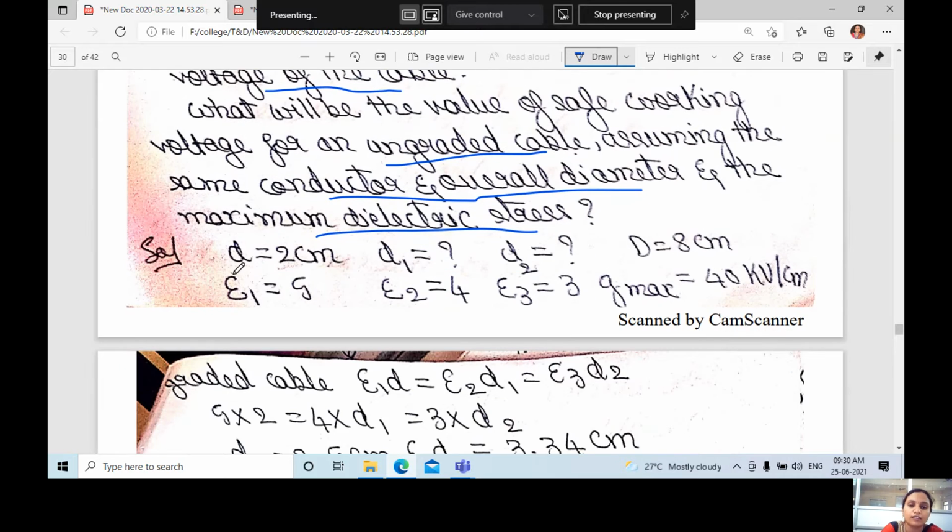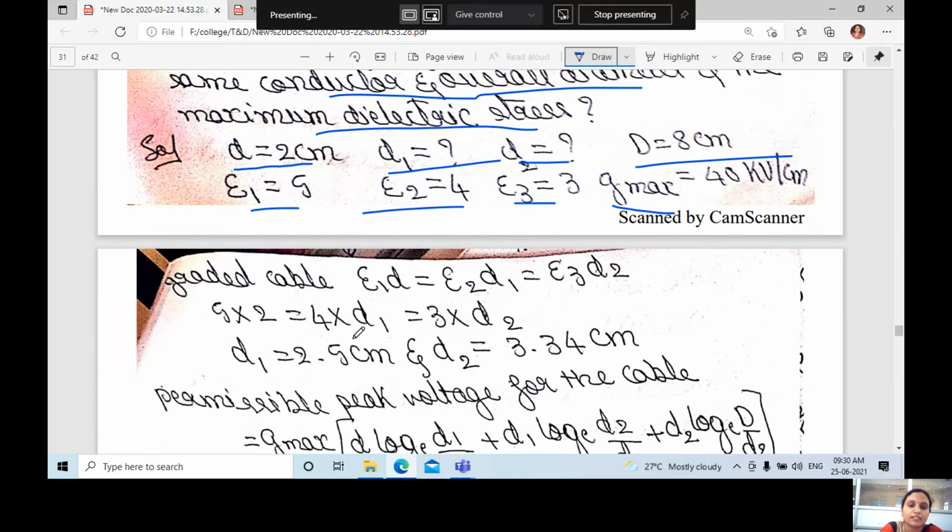First, what is given: small d is equal to 2, D1 and D2 not given, capital D is equal to 8 centimeter. Epsilon 1, epsilon 2, epsilon 3 they have given, and G max they have given. So first graded cable: epsilon 1 into d, epsilon 2 into D1, epsilon 3 into D2.